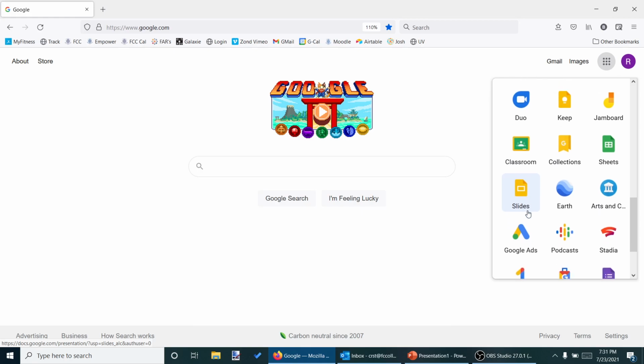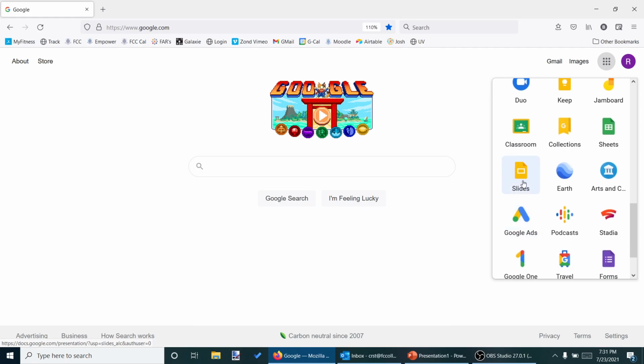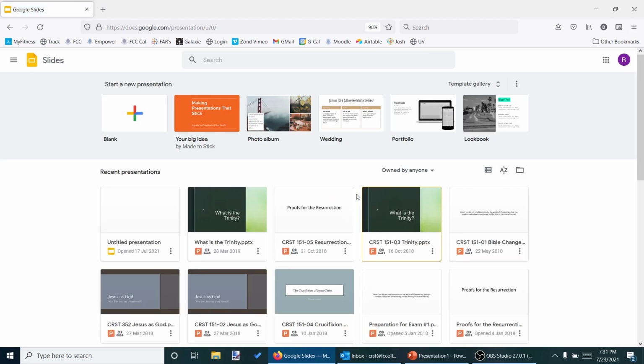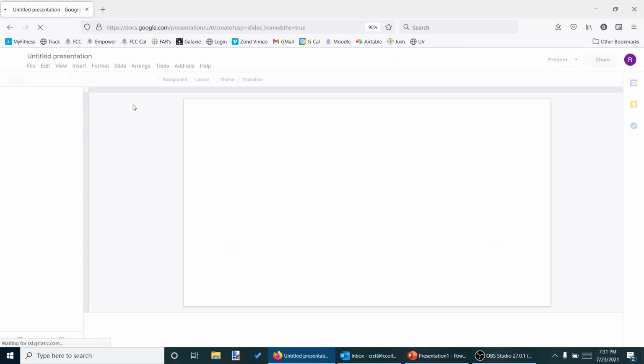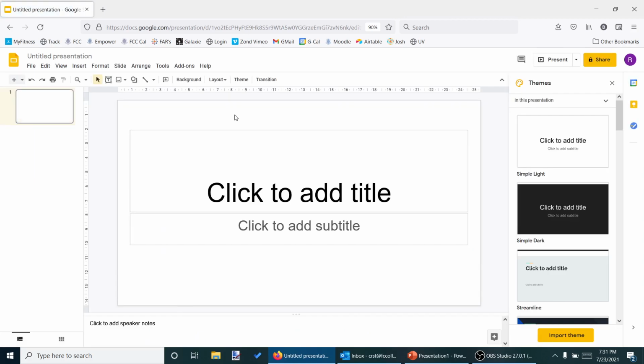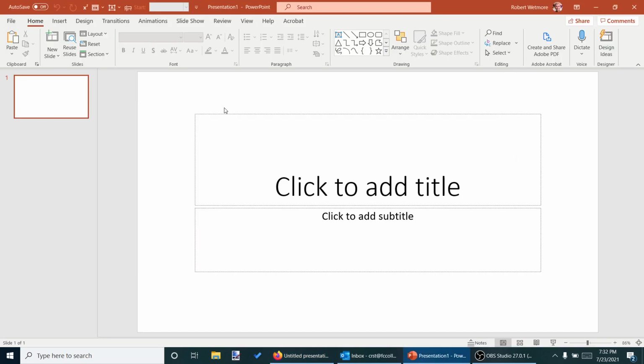Slides, is that it? Yeah, that's it. So you can do the same thing in Google Slides. Same exact thing I'm going to do. Yeah, it starts off the same. They're copying each other. But I'm doing it in PowerPoint because that's what I do.